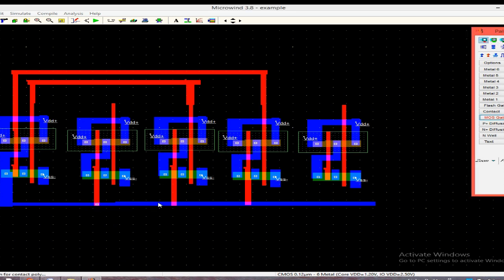I can say that these will be appropriate connections, as we can see.